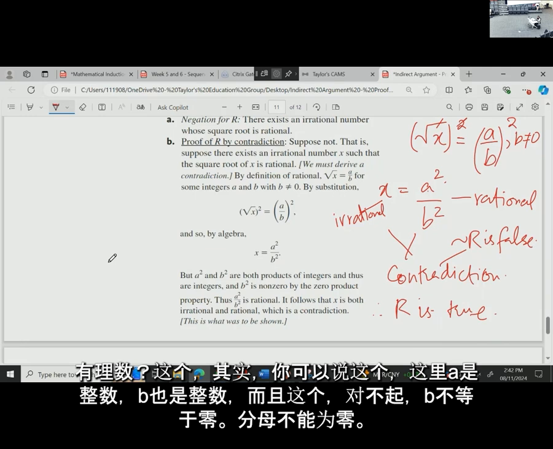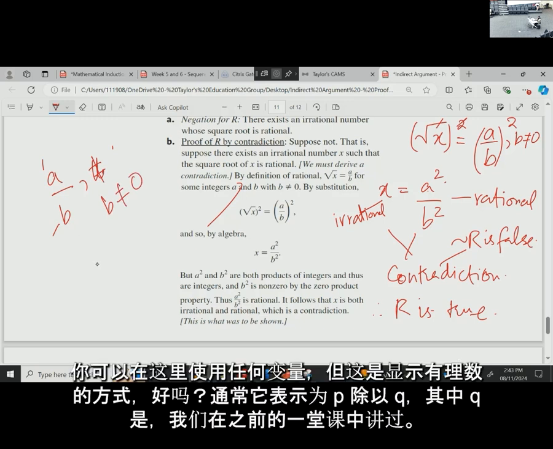Rational? Actually, you can say that a over b, where a is an integer, b is an integer, and b is not equal to 0. The denominator cannot be 0. You can use any variables over here, but this is how you show a rational number. Usually it is shown as p over q.